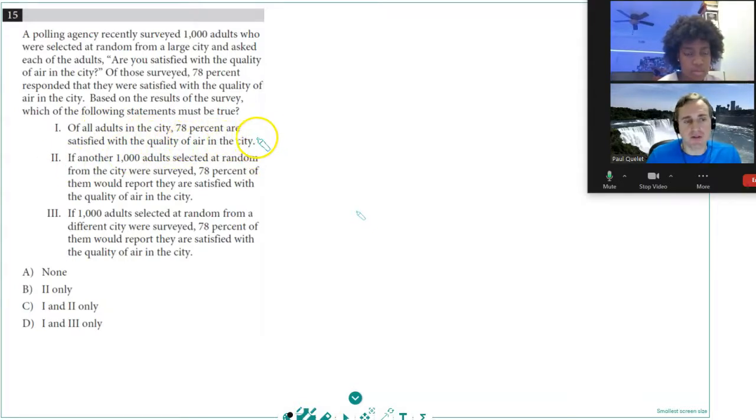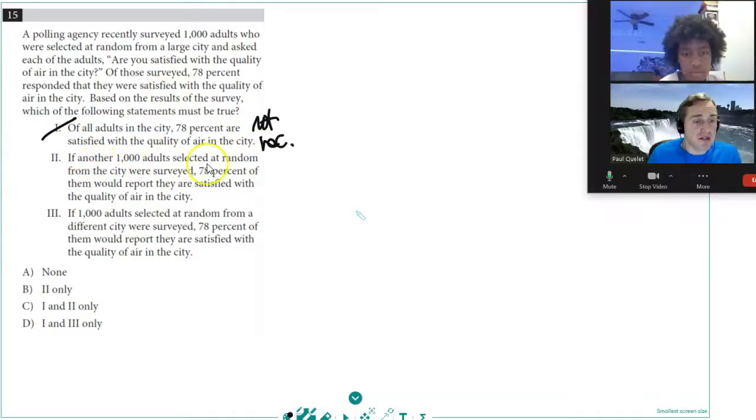Now, let's pause there for a second. Is that necessarily true? Well, the thing is, 78% was in our survey. Our survey could have been erroneously large, or erroneously small. But in any case, we can't really know. So yes, it's too specific of a statement given we only sampled a sample. So not necessarily.